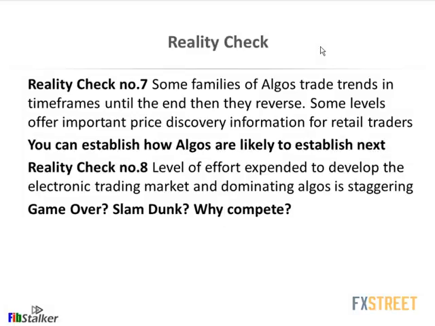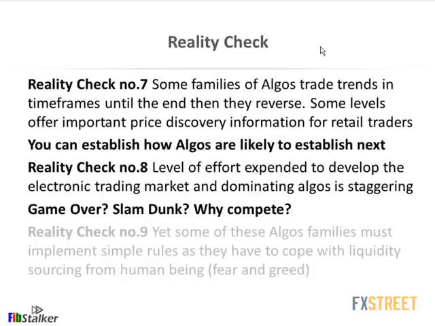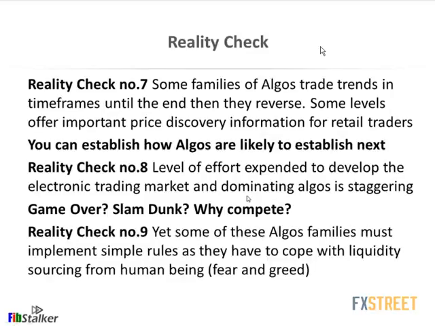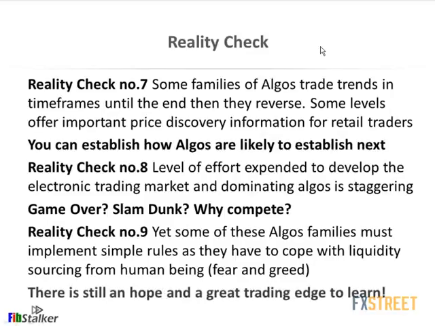Why do we compete then? The reality is that some families again can be actually leveraged, and an edge can be created because they cope with the need of liquidity sourcing. So they have to get that liquidity from somewhere. Okay, so there is still hope and a great trading edge to learn.